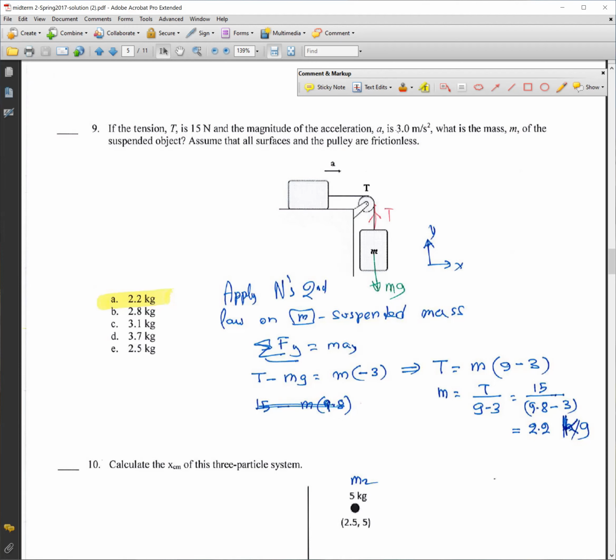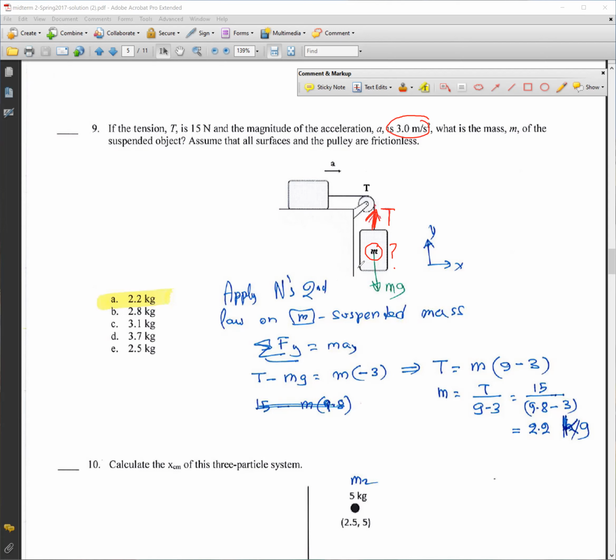Now here we are provided with a tension in the string equal to 15 newtons. We don't know the mass, and we're also provided with the acceleration.